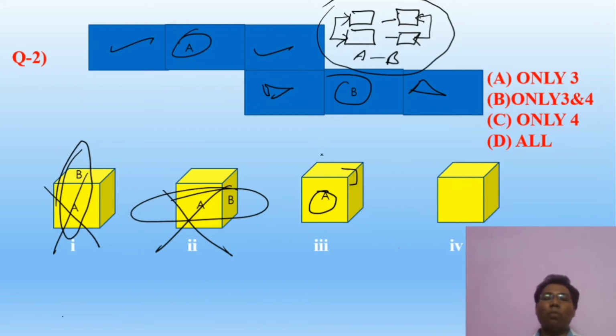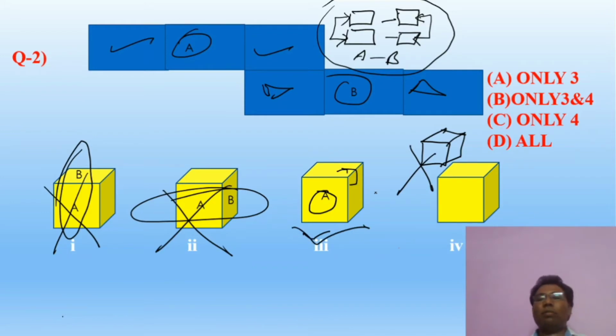Chances are there, no? Some possibility is there, so this is correct. And the fourth figure I am drawing here for you. This is a blank one, so this is wrong. So our answer is the third one. Only 3 is correct. So our option is A. We are right. So move to the next question.